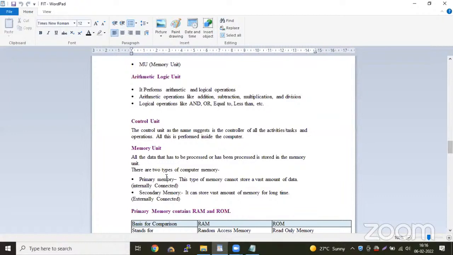For example, if I am saving a file, the minimum, most recent information will be stored in RAM only. Basically, some people do a refresh on a desktop. Why? It refreshes the data inside the RAM, and that is the reason for getting the speed of the computer.